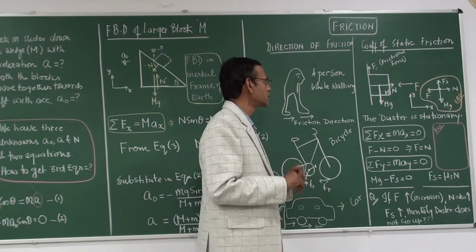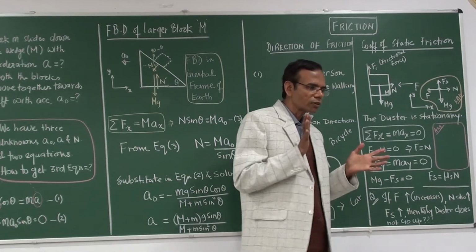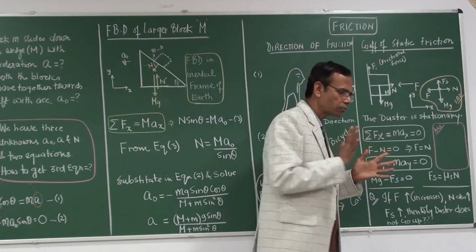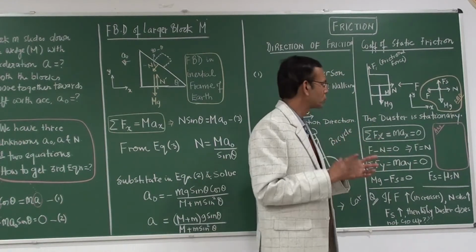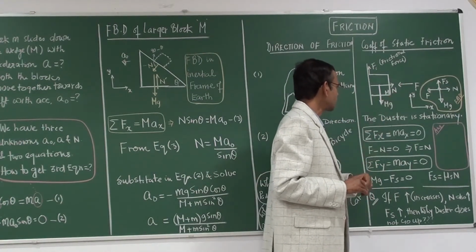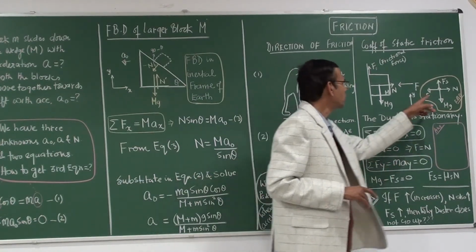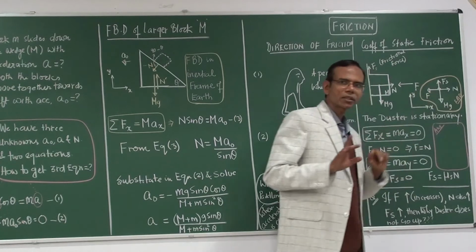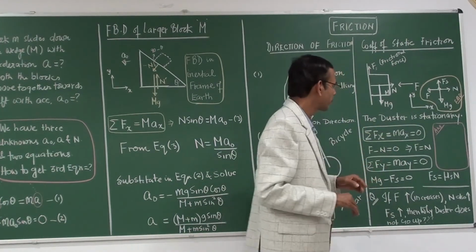Now the question is that he was giving this force. Suppose now the force, whatever he is pushing with, increases. The moment he increases the push, the normal reaction from the board to the duster will increase.